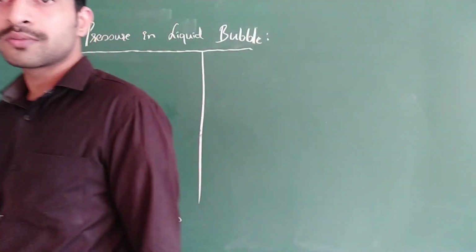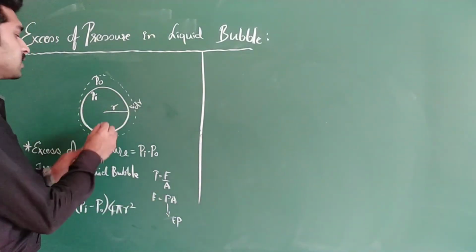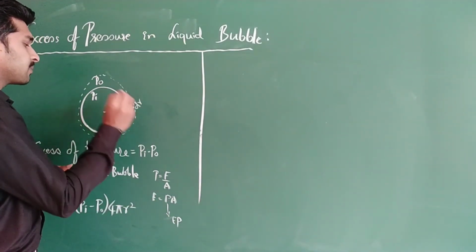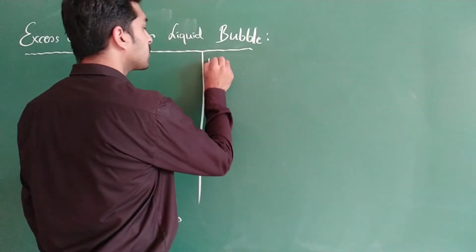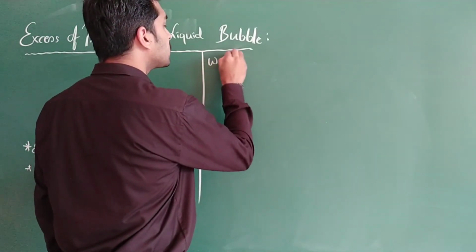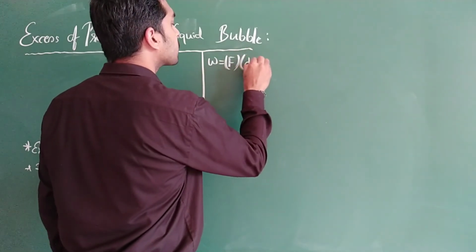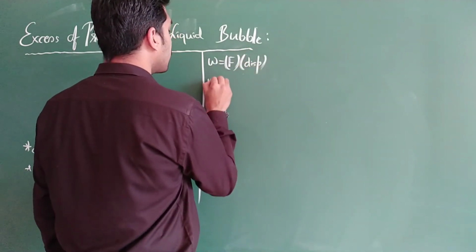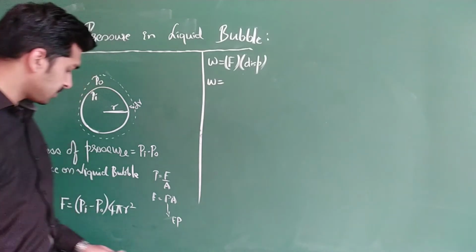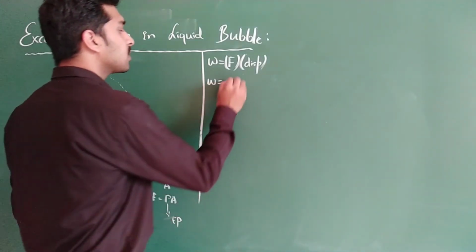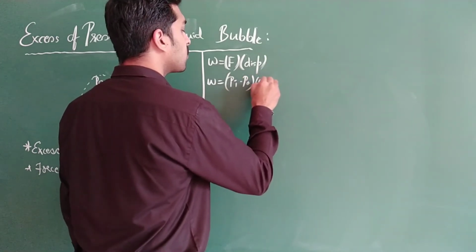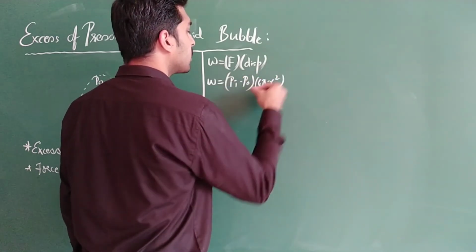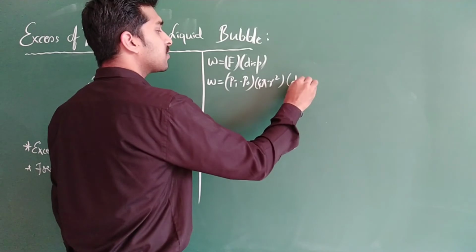Next, due to this force this bubble is changing, which means somebody has to do work on it, correct? So work done is nothing but force into displacement. W is F, and for F you can substitute Pi minus P naught into 4 pi r square. What is displacement?